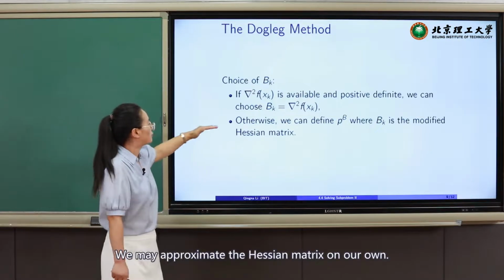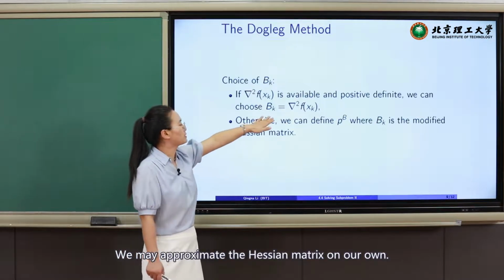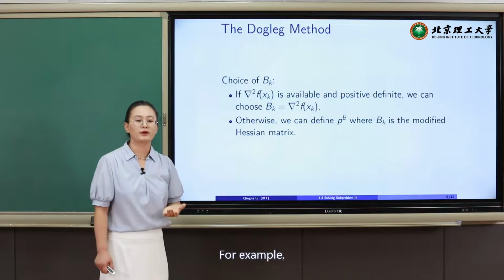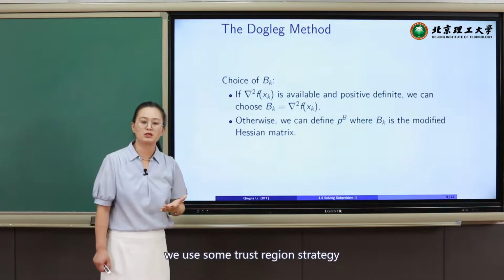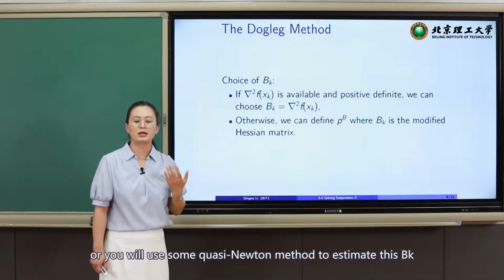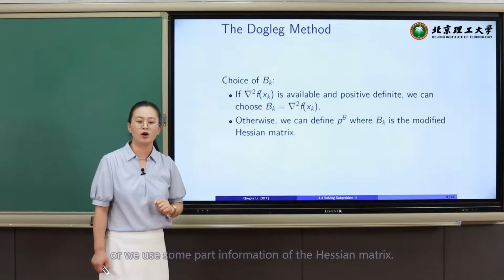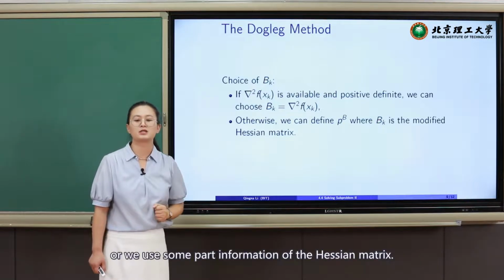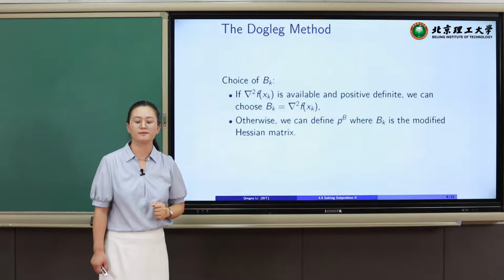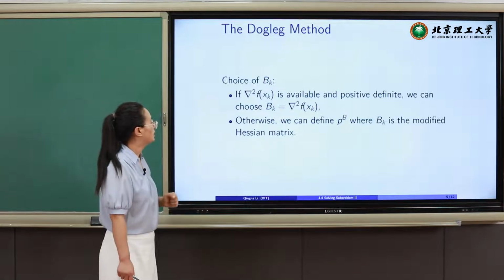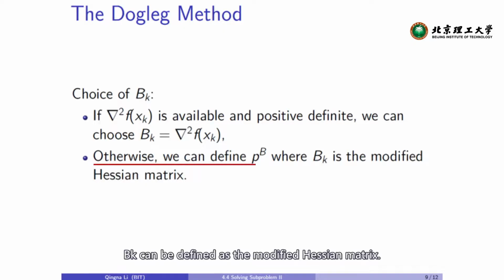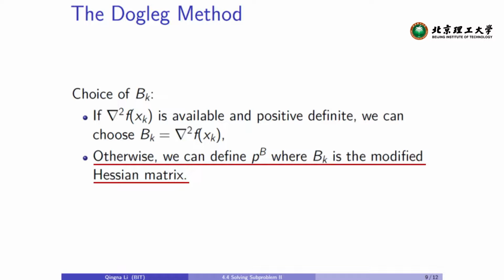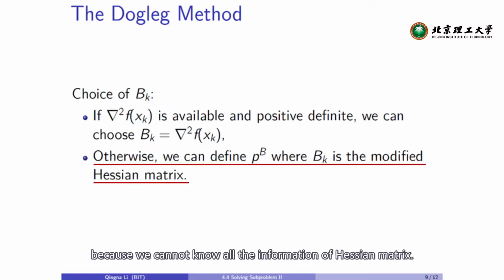We may approximate the Hessian matrix on our own. For example, we use some trust region strategy, or we use some quasi-Newton method to estimate this BK, or we use partial information of the Hessian matrix. In this case, BK can be defined as a modified Hessian matrix. It is a kind of modification because we cannot know all the information of the Hessian matrix.